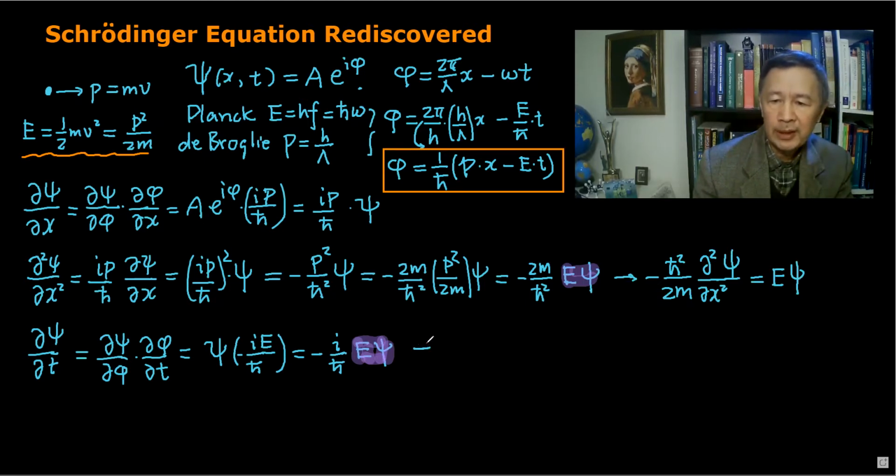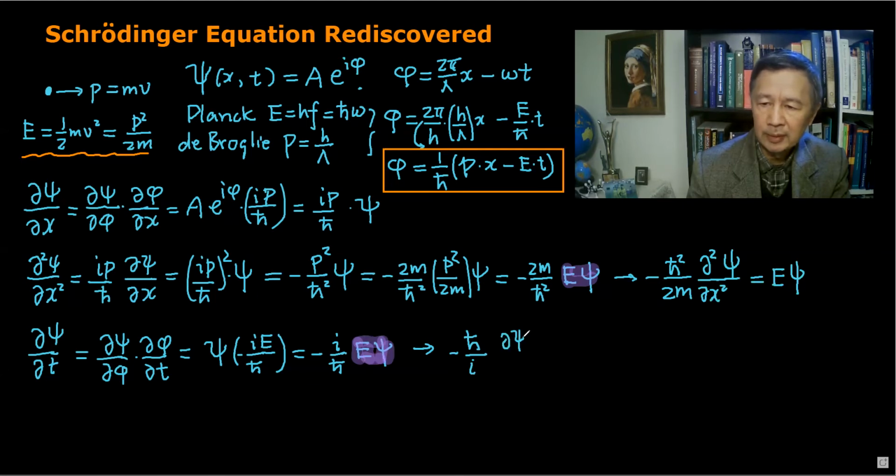Similarly, we can move this factor to the other side, and then we multiply by h bar and divide by i first. That will become the first derivative with respect to time t. Normally we prefer to put this i in the denominator.